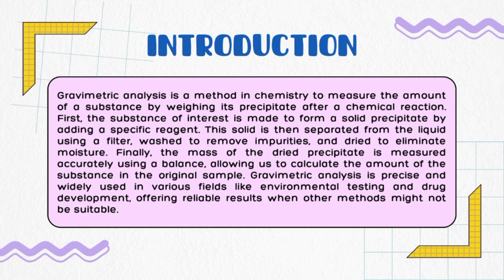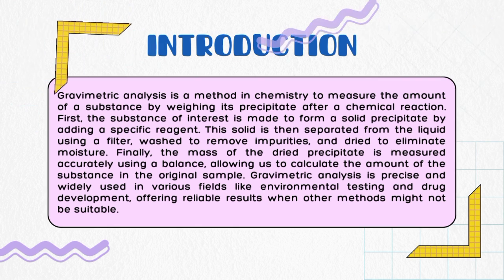Finally, the mass of the dried precipitate is measured accurately using a balance, allowing us to calculate the amount of the substance in the original sample. Gravimetric analysis is precise and widely used in various fields like environmental testing and drug development, offering reliable results when other methods might not be suitable.